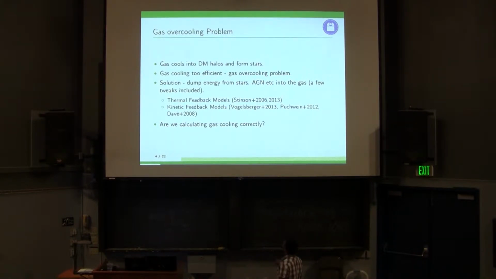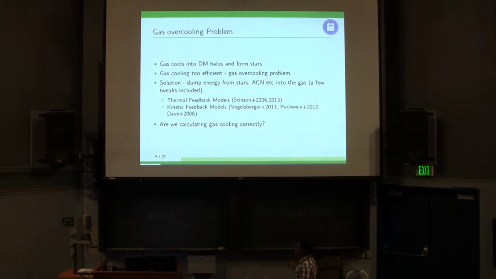How most simulations solve this problem is to dump energy from stars or AGN from local sources by different methods. Of course, these methods do not work if you just do it, because of the low resolution of the simulations. So you include a few tweaks, like you switch off cooling or hydrodynamics in order for the feedback to work effectively.